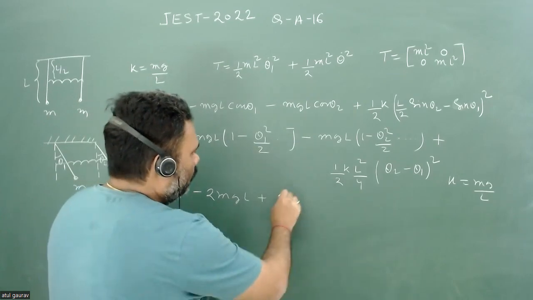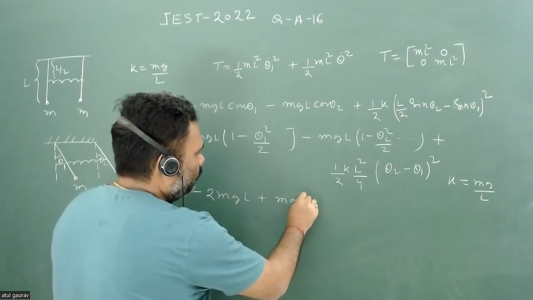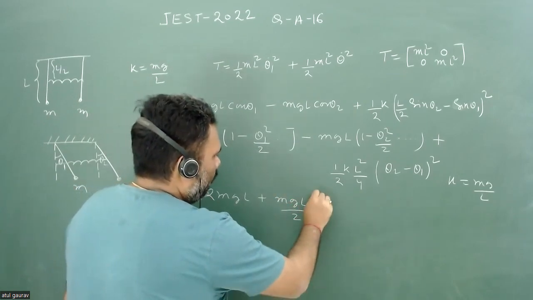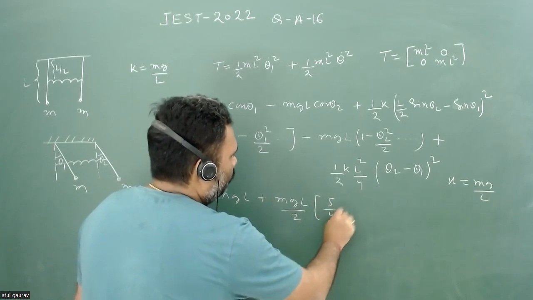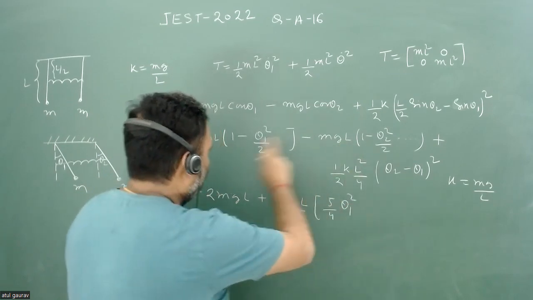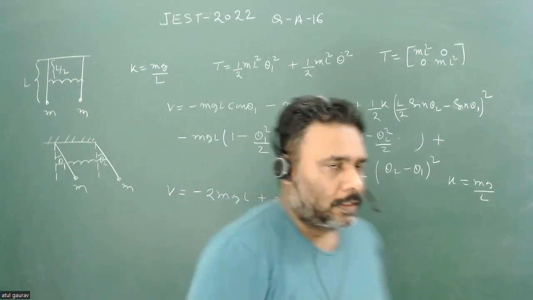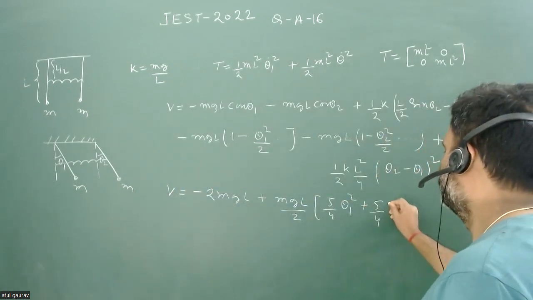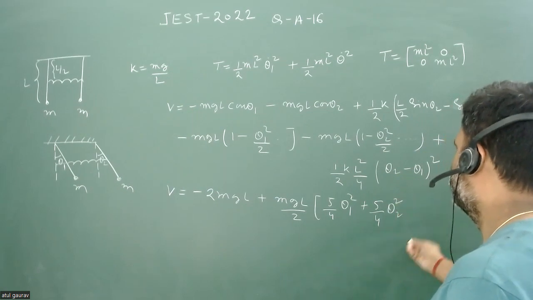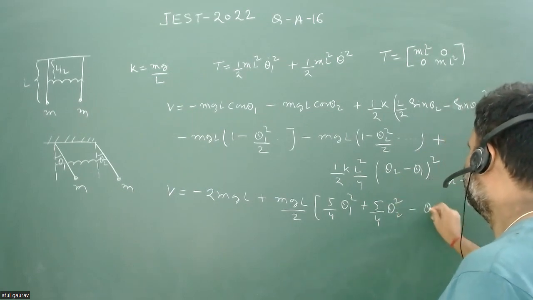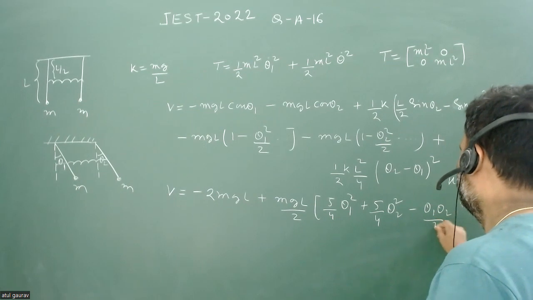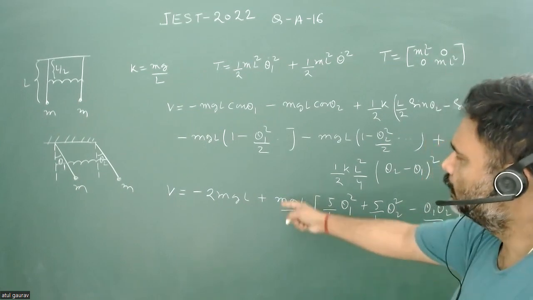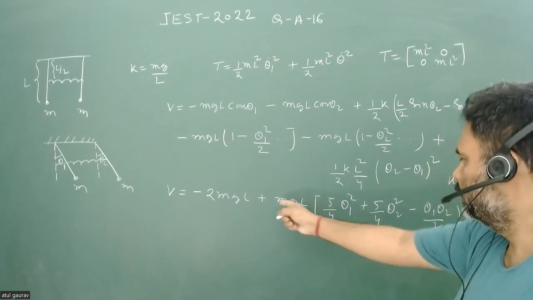And if we collect all the terms, then we have mg L by 2, and we have 5 by 4 theta 1 square, similarly 5 by 4 theta 2 square, and minus theta 1 theta 2 by 2. Deliberately, I have chosen this one by 2 as common.